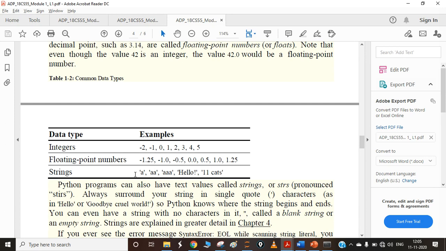And strings: when we write something within quotes, that will be considered a string. It may contain only one character, or two characters or more than one character. So 11 space cats, it's even possible for us to have a space within string values. Whatever we include within quotes will be assumed as a string. That thing we have to remember.